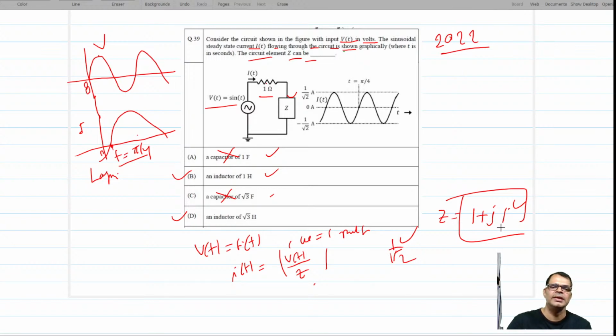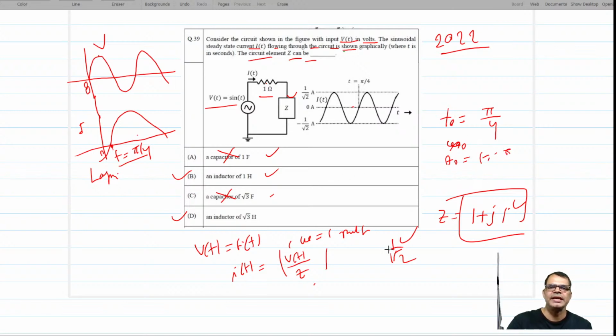Another way you can also find the time delay. T naught, I have told you, T naught is pi by 4. And omega times that, theta naught, will be the delay. So T naught into omega is pi by 4.